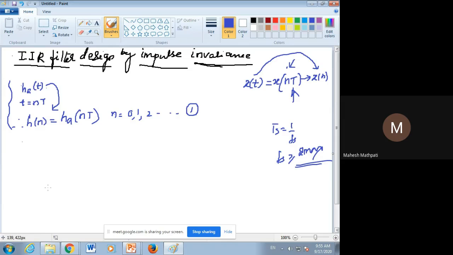Okay. Then in the second part, just write: let the system function of the analog filter be denoted as... What is the system function?